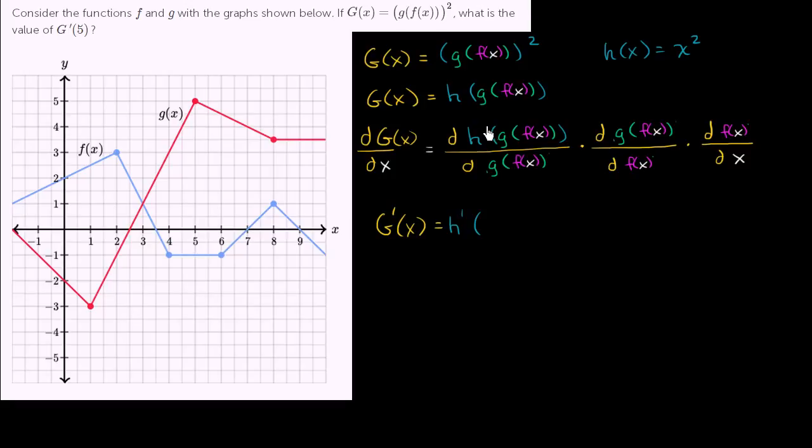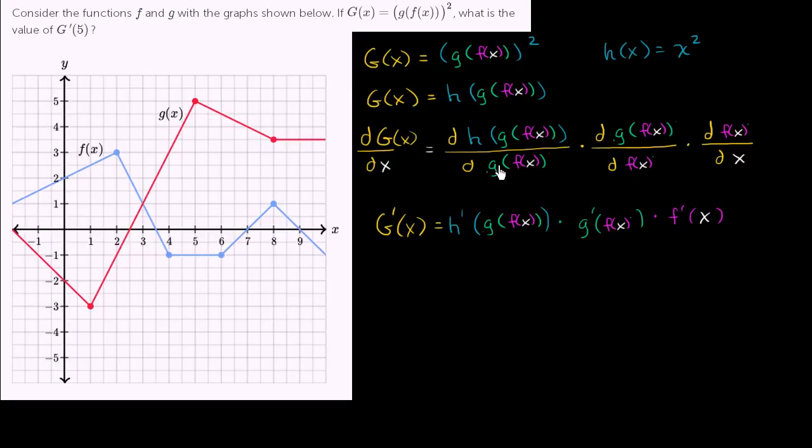Or another way we could write this is capital G prime of x is equal to h prime of g of f of x, times g prime of f of x, times f prime of x. And I like writing it this way because, once again, this is more notation, but it gives a sense of what's going on.